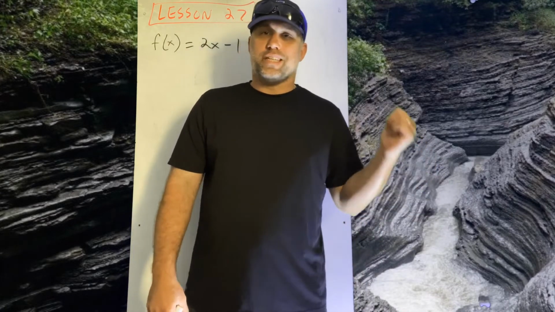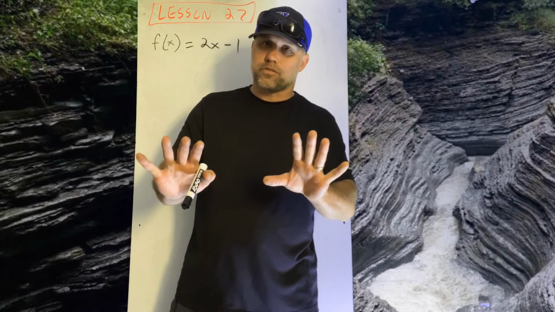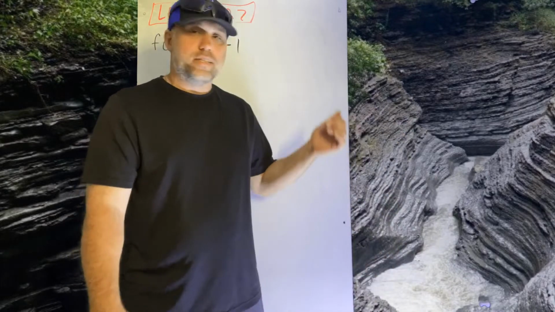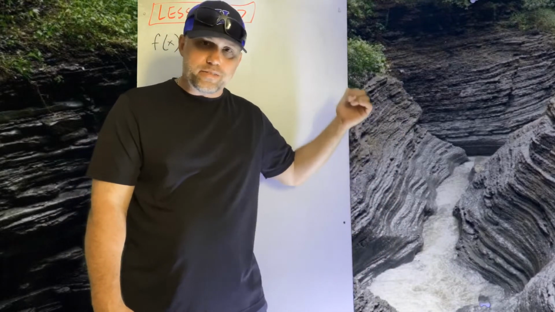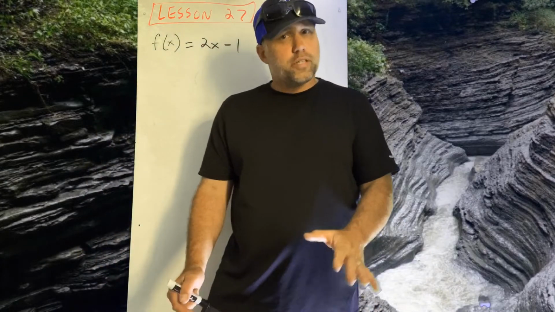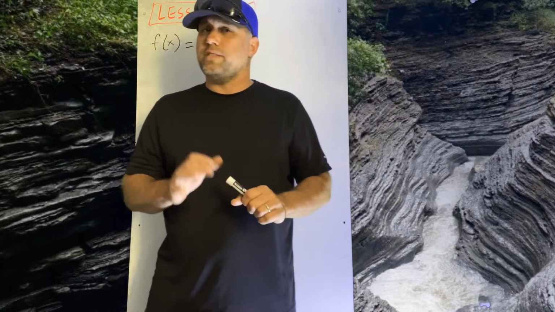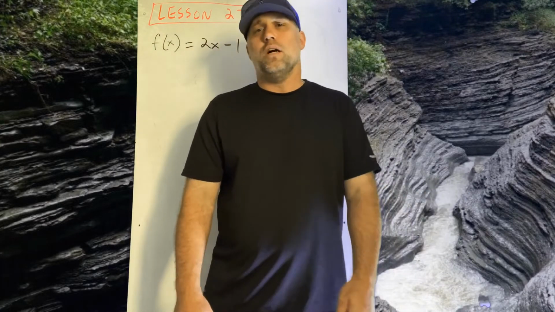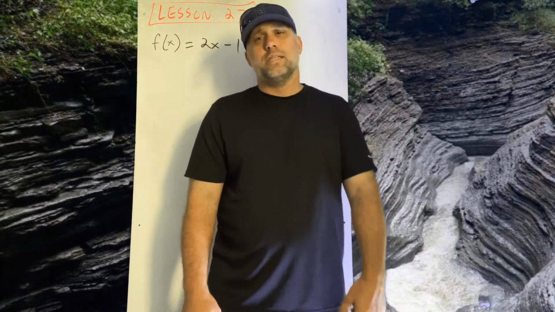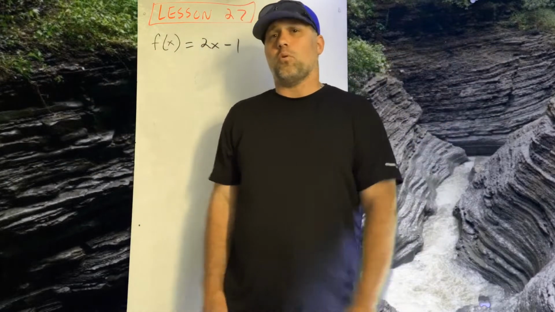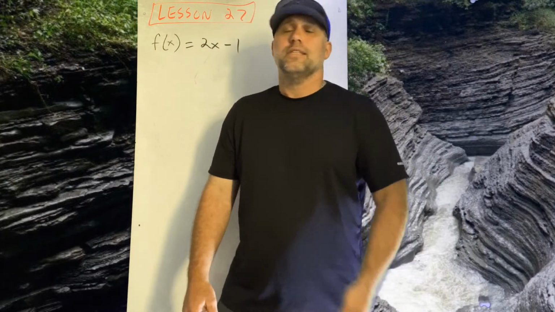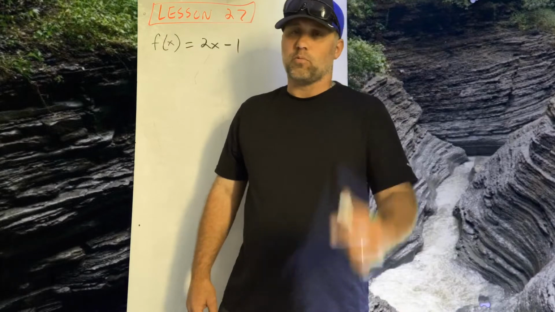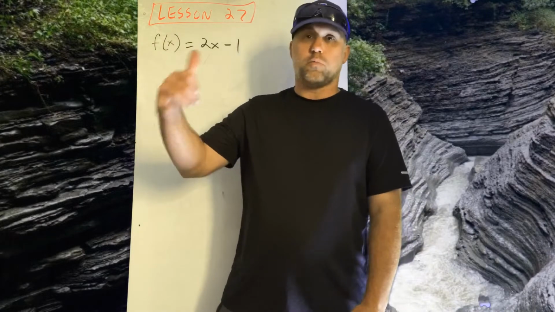What's interesting is, not to get all earth science on you, but you have all this sedimentary rock here. You can see all the layers. It's pretty cool. It's a neat walk. It's good exercise. It's fun. Something to do in these boring times. So maybe that's something you want to do. Go up to Watkins Glen State Park, walk the gorge.